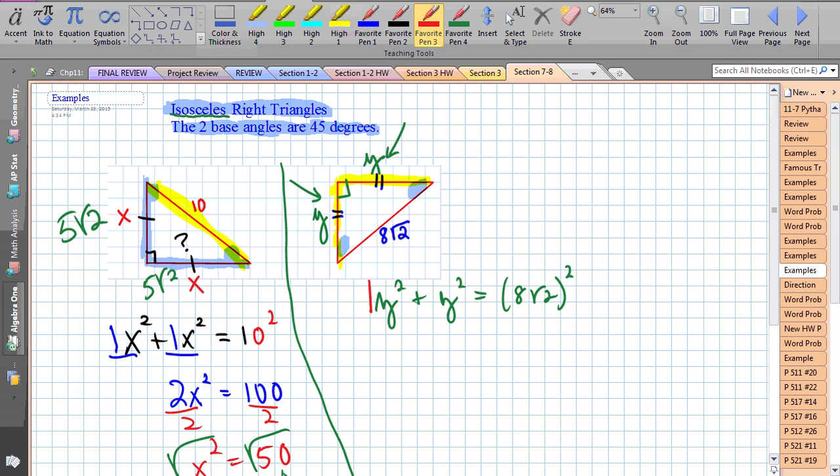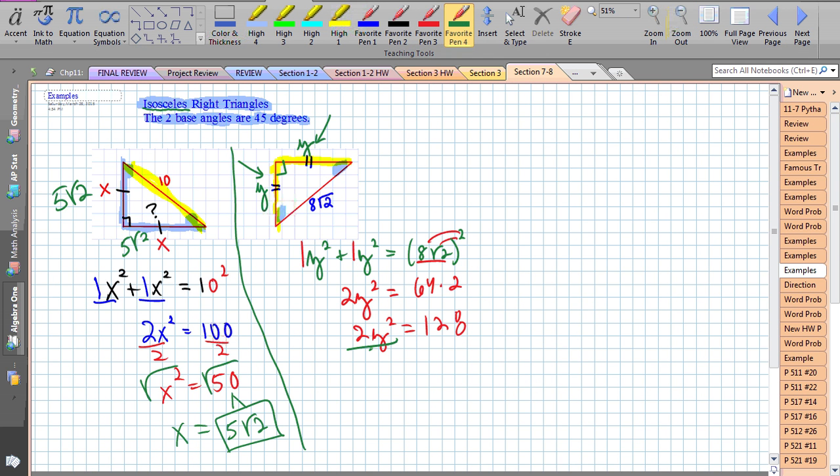So in this case, I have 1 y squared and 1 y squared. That's 2y squared. And we saw this a few minutes ago. When we square this radical in here, we're actually squaring both numbers in here. Well, 8 squared is 64, and radical 2 squared is 2. So this is 2y squared equals 128.